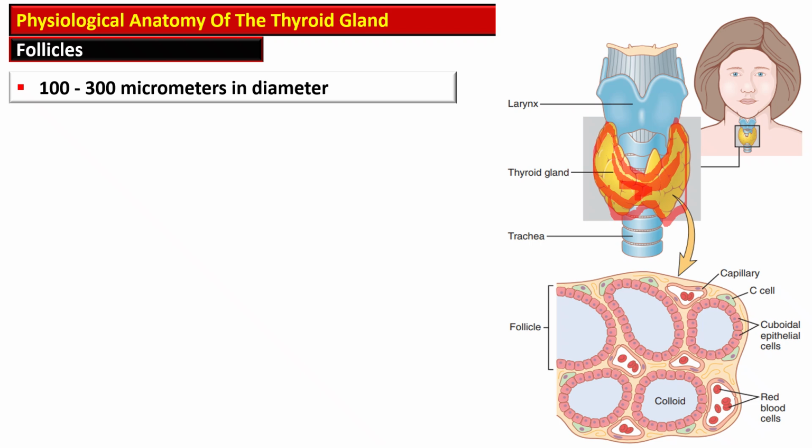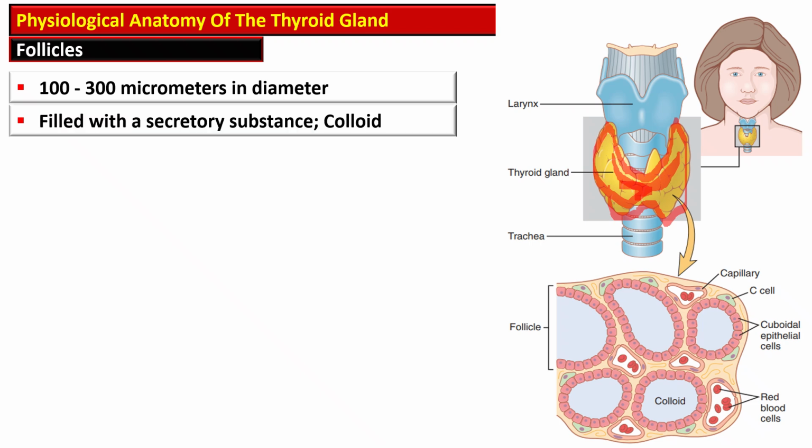It is composed of closed follicles histologically, and the diameter of these follicles is about 100 to 300 micrometers, and they are filled with a secretory substance that is colloid.